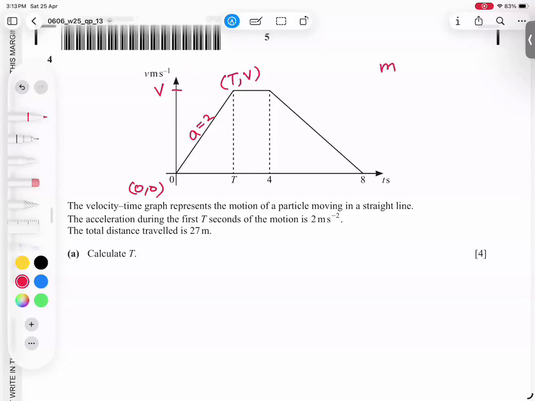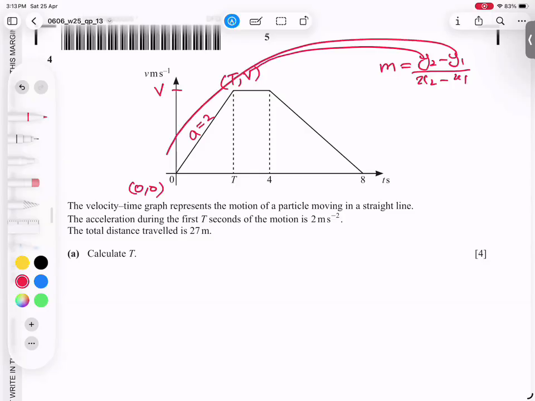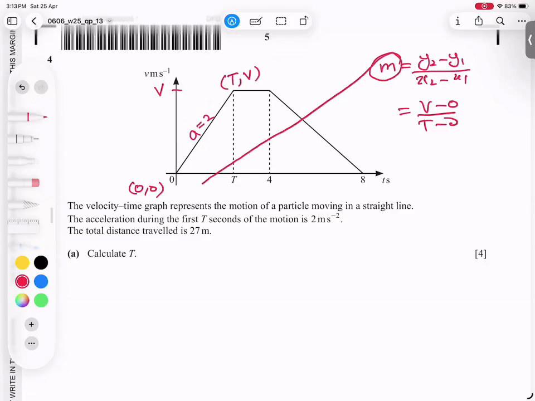Gradient formula is very clear: y2 minus y1 over x2 minus x1. y2 is v and y1 is 0. So I can write easily v minus 0 over t minus 0. This is acceleration, and we have 2. So this 2 multiplied there, we got v equal to 2t. So v is equal to 2t, and now we can go for the next.